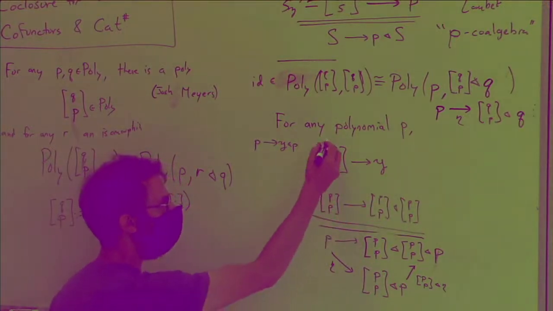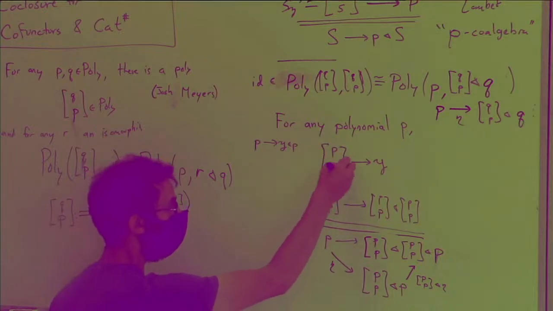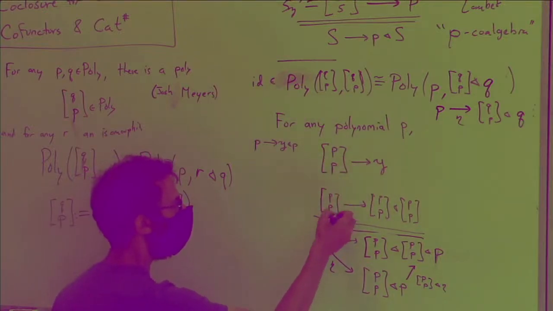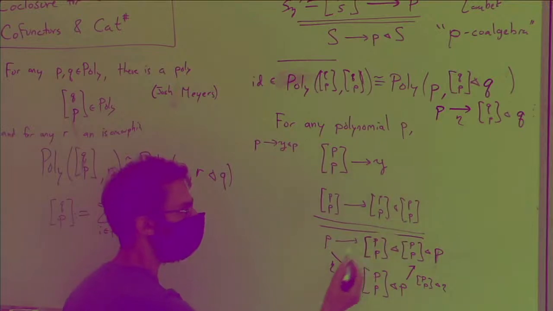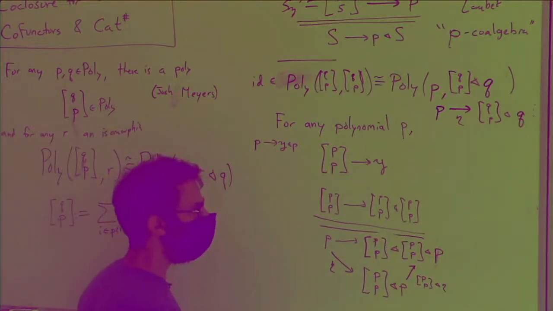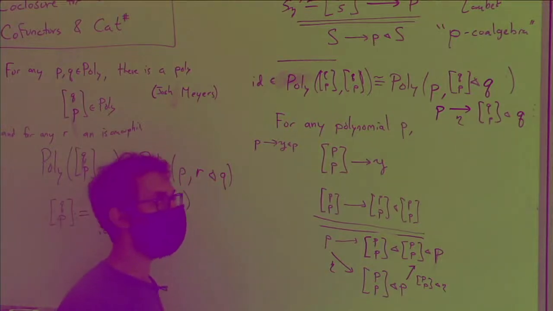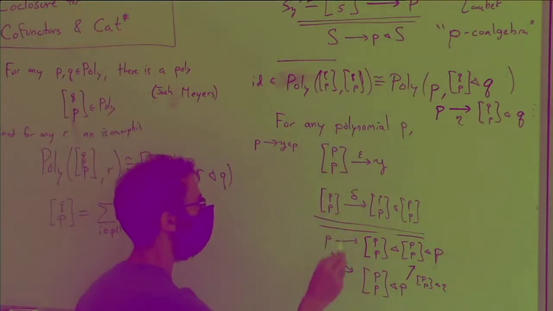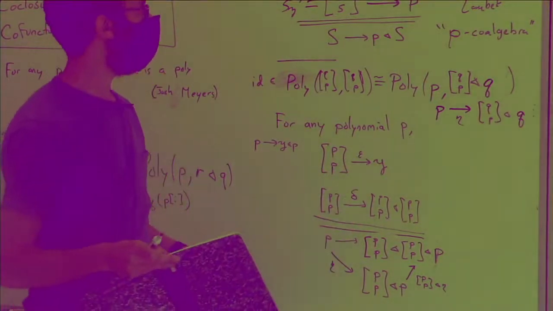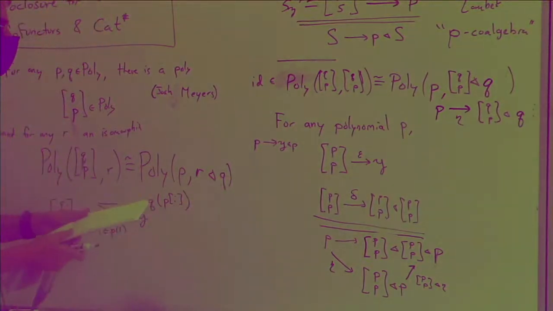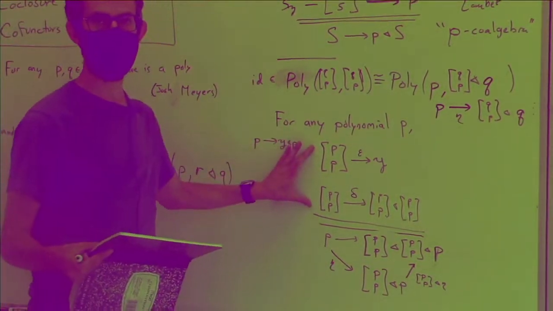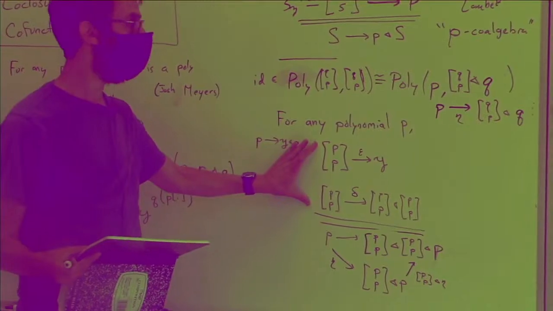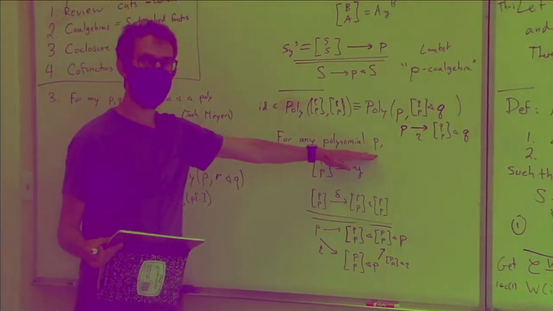And if you have a map from some polynomial to y, and the same polynomial to itself composed with itself, then it stands to reason that if those are at least somewhat natural things, if you got them from some natural way and not just arbitrarily, they're probably going to be a comonoid. And indeed they are. You can go check the conditions of what it means to be a comonoid, and these give you a comonoid structure on PP for any polynomial P.